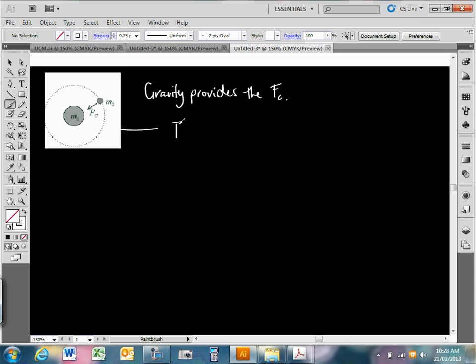We know that, quiet please. We know that the centripetal force is equal to the mass times the velocity squared over the radius. In this case, it's provided by gravity or gravitation. Newton's universal law of gravitation is equal to this.